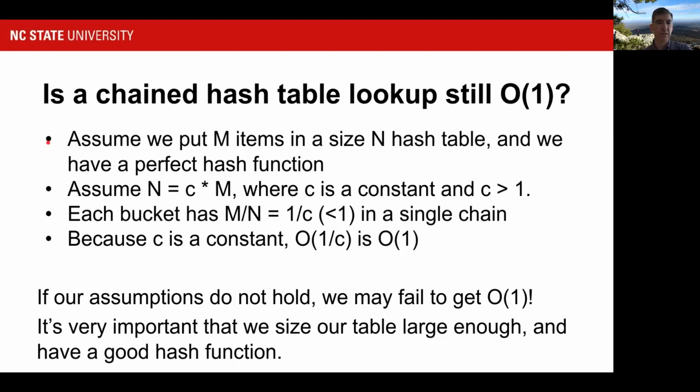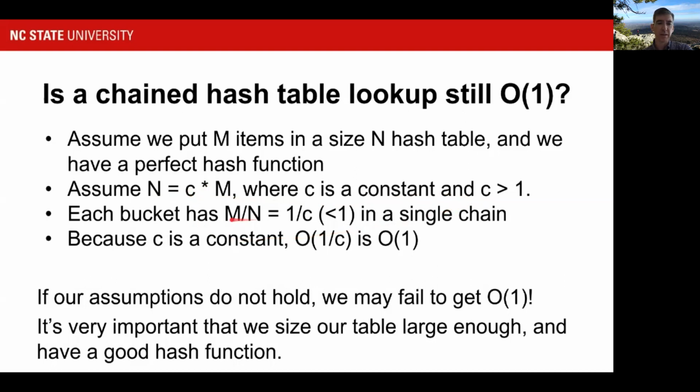So assume we put n items in a size m hash table, and we have a perfect hash function, one that never has a collision. What that means is that on average, each bucket, or each chain, is going to have n and m related by some constant factor. Really what this is saying is that C is some sort of ratio that tells us how many items go in each bucket, where C is some kind of constant.